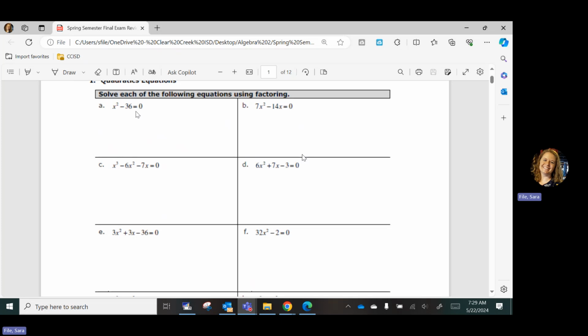And if it's solving, you can graph the equation and look for the x-intercepts, because remember, solutions are your x-intercepts, or you can take the answer choices and plug them in and see which ones make the equation true. So you have several options when you are working backward from answer choices on a multiple choice test. Okay, so keep that in mind.